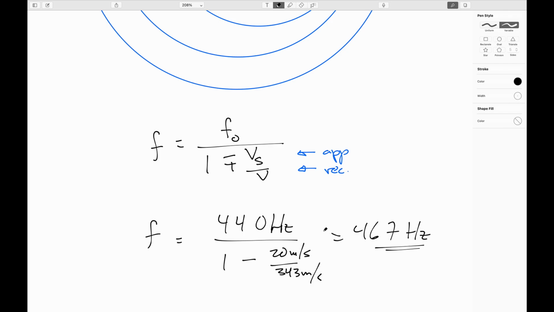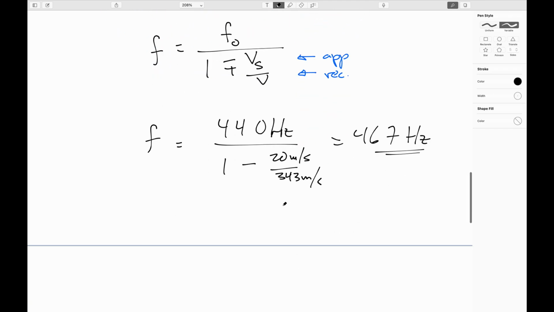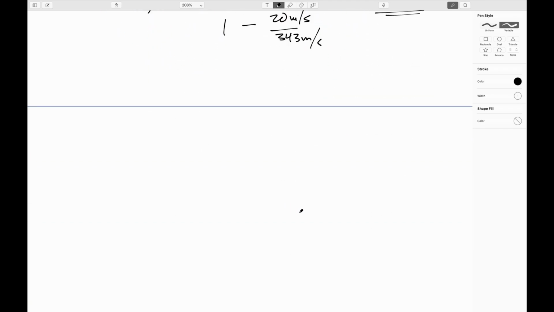Now you might concern yourself with what if they're both moving. If they're both moving, the deal is you have to think of this in 2 steps. You would first use the moving source relationship to get the frequency that someone who is stationary with respect to the air would hear. And then that would be the effective frequency that was emitted that the moving observer would concern themselves about.